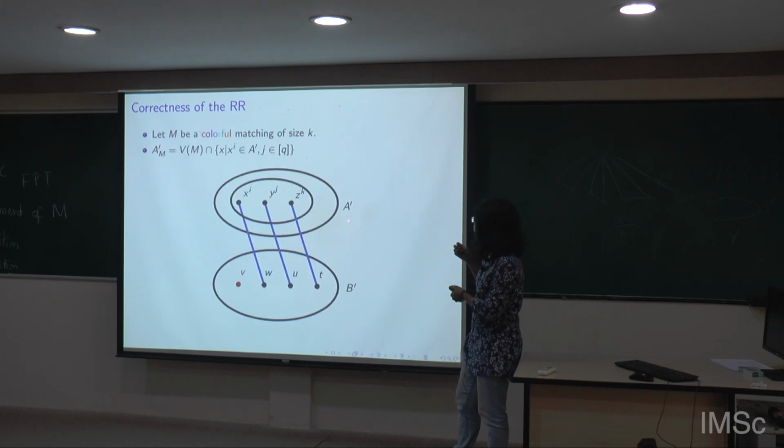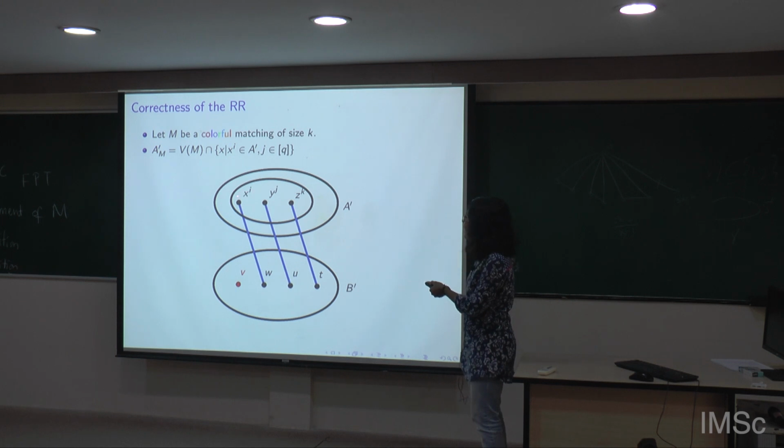Look at this set A prime, and A prime has these vertices, sorry, this should be x comma i, y comma j, and z comma k. That's how I had defined it. So I had this x comma i vertex here, which means there is a vertex x in the original graph, right? So I collect all those vertices. That is this set, and its intersection with the vertex set of this colorful matching is what I am calling A prime M.